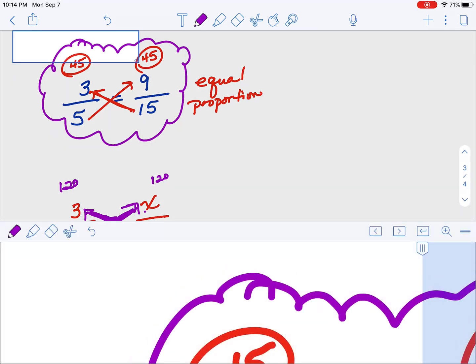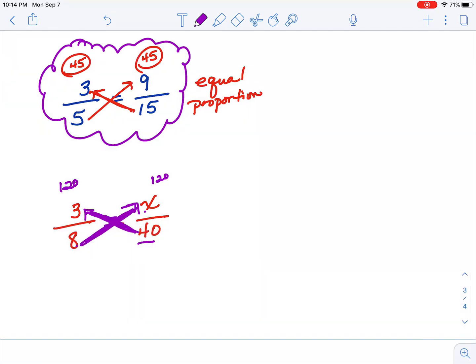So I'm going to come over here and write that. 8 times x, that's when I'm going across this way, 8 times x has to equal 120. To make it a proportion, they have to equal 120. Now, we did this last year.